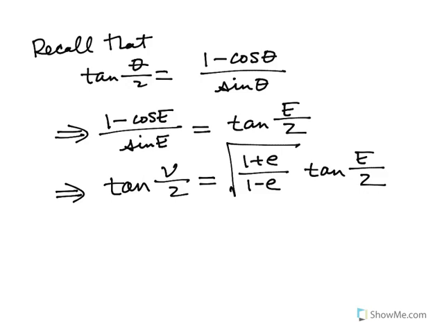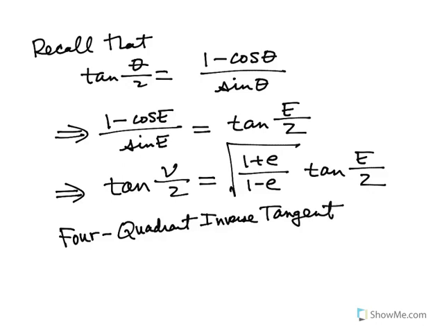So in trigonometry, there's a way to take inverse tangents in such a way that we actually get all 4 of the quadrants taken into account. And that construct is what's called a 4-quadrant inverse tangent. Now the 4-quadrant inverse tangent differs from the standard inverse tangent in that it takes into account the signs of both the numerator and denominator.